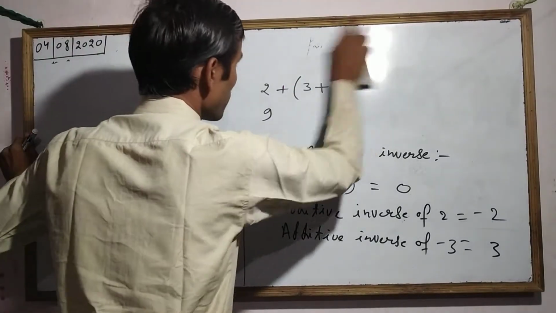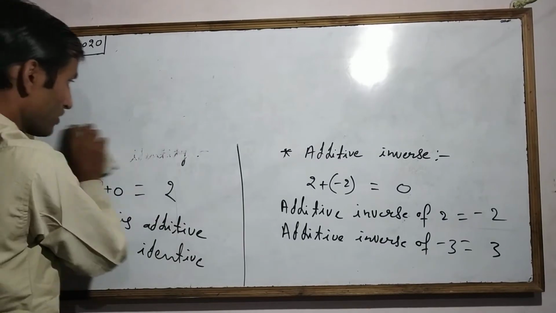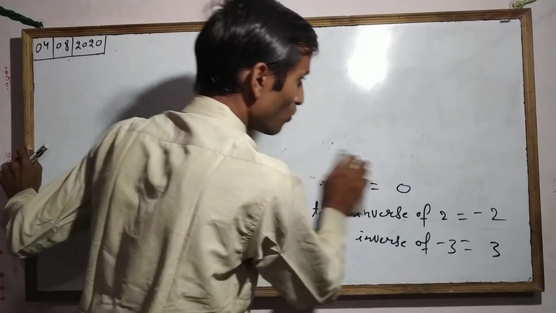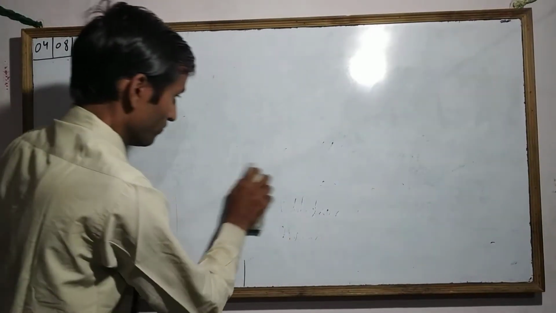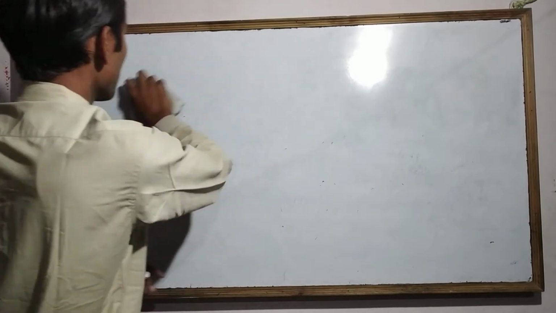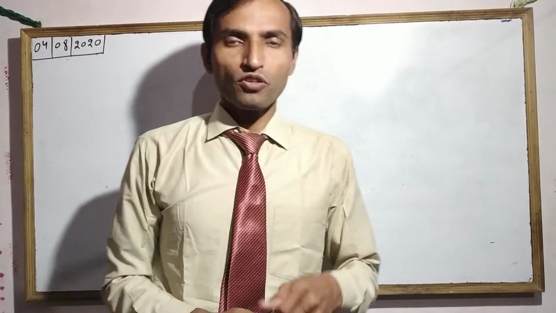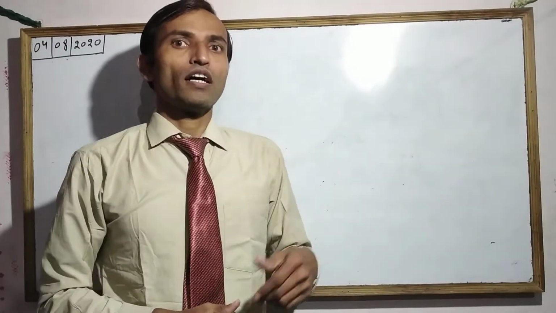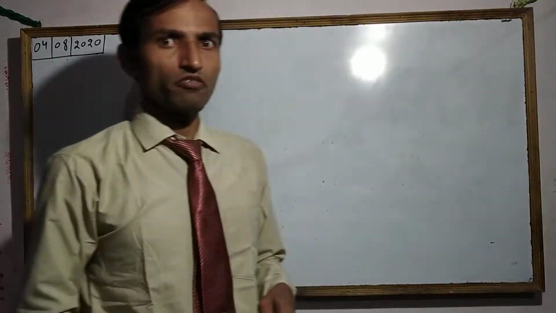Now I will explain the properties for multiplication. The same properties will come, but in this case we do the multiplication operation. In multiplication also, the first property is closure property, then commutative property, then associative property, then multiplicative identity, then multiplicative inverse.